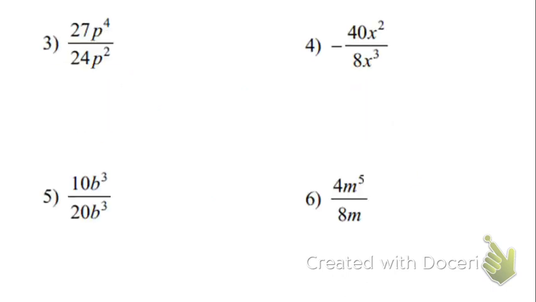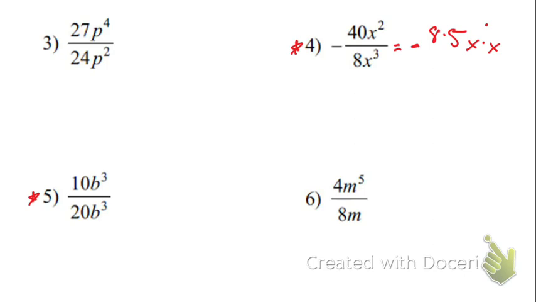Now I'm going to do 2 of these. I'm going to start at number 4, and then might as well get number 5 in as well. So the negative's got to stay out there. It's just going to stay out in front, not hurting anything there. Now 40 is the same thing as 2 times 20, which is 4 times 10, but it's also 8 times 5. I have x squared, so it's x times x.